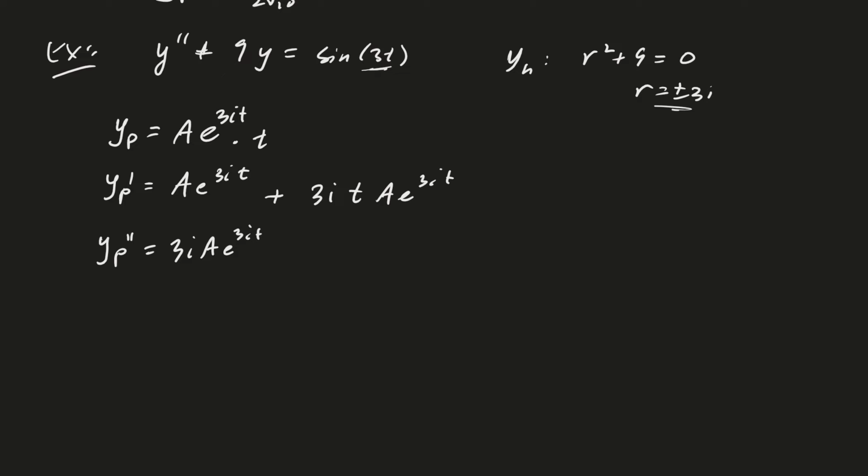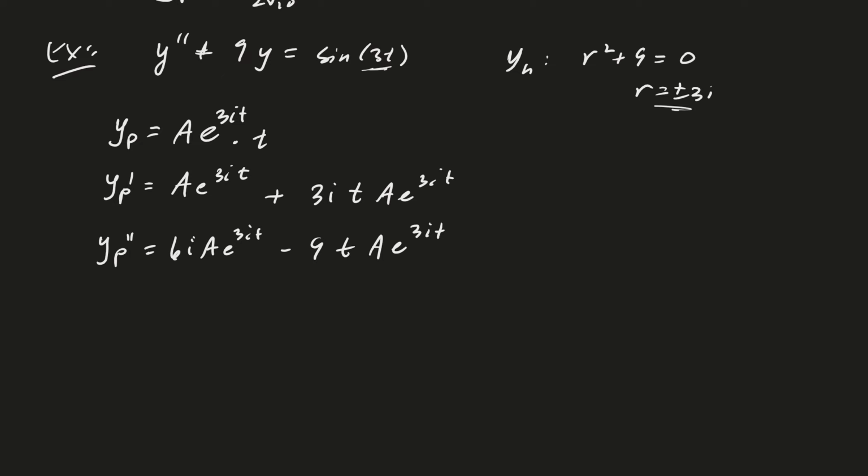Then we'll have a 3ia, so that's going to actually be 6 of these. And then the last one will be minus 9t a e to the 3it.